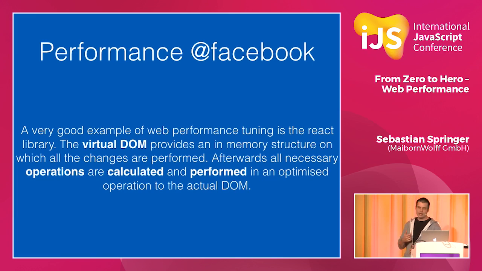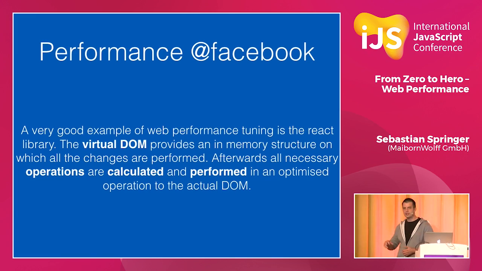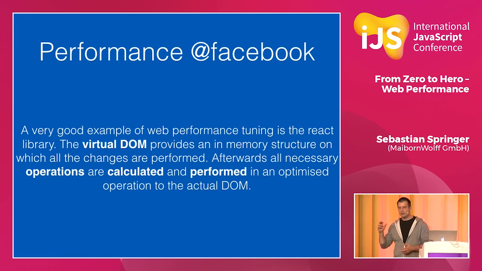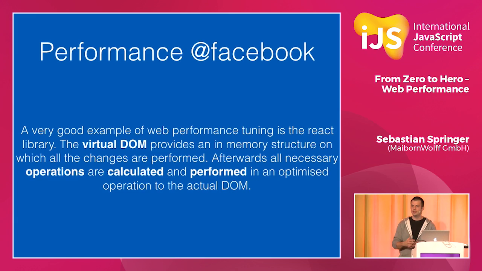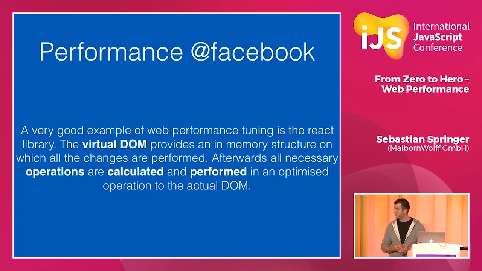So React has a feature which is named the virtual DOM, which abstracts the slower DOM. So you know every DOM manipulation is slow. And Facebook just realized that and put an abstraction layer in that.